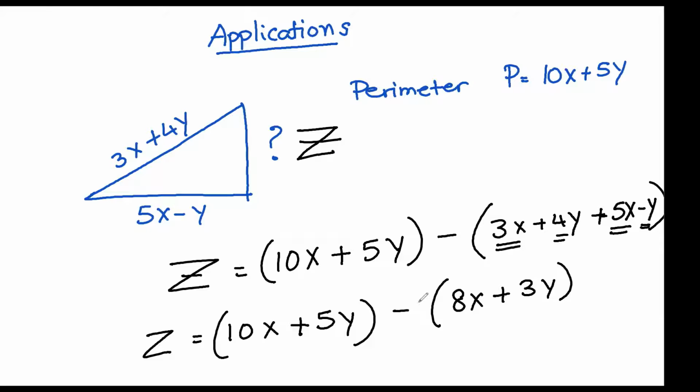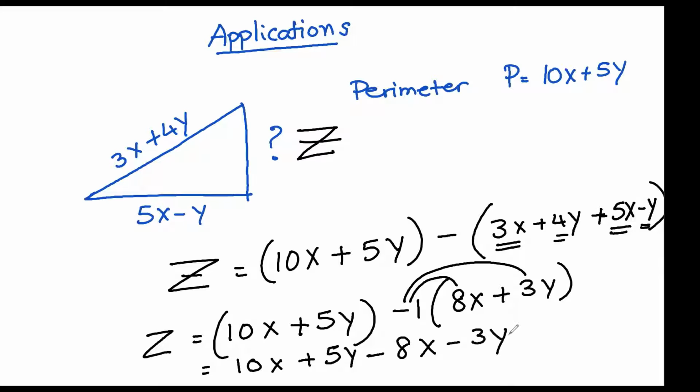Now I'm going to distribute -1 to each of these terms inside the parentheses, right? So I'm going to leave the first one as it is and I'm going to distribute -1. So -1 times 8x is going to be -8x. -1 times plus 3y is -3y.